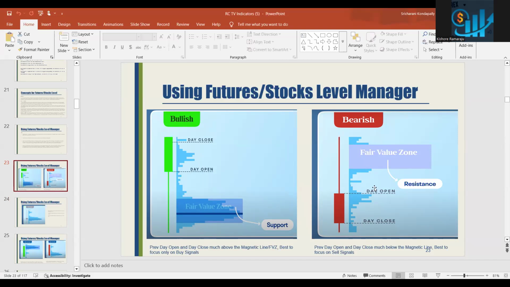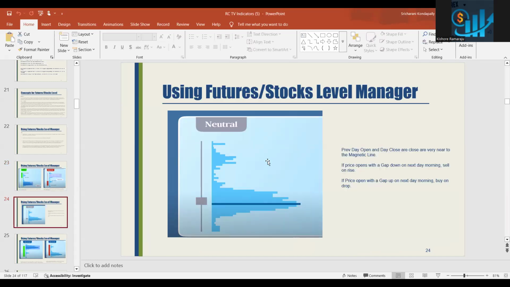The other scenario is when your open and close of the previous day is below the magnetic area, you focus only on sell signals. The next one is where your open and close are close to the magnetic area or the fair value zone. It is like a doji candle where it went up, came down, it closed. Your open is close to the magnetic area, your close is also close to the magnetic area. Then you wait for a proper confirmation.